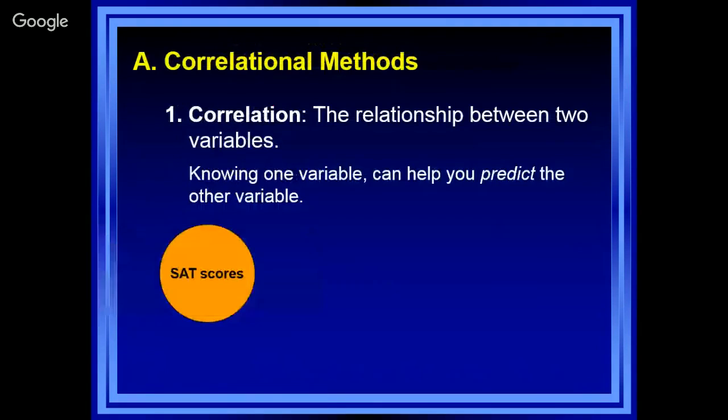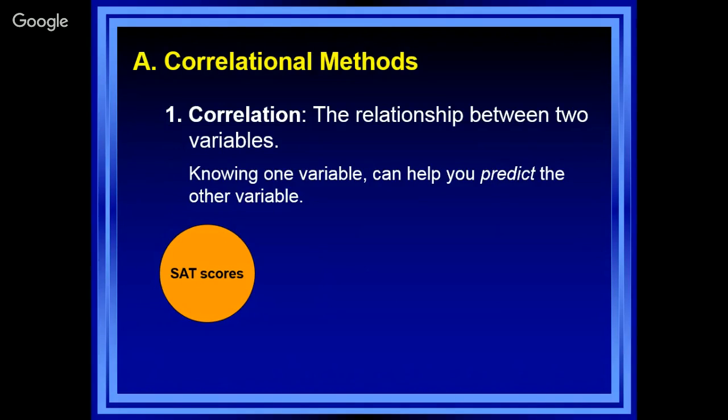So let's start with correlation methods and right into the definition of correlation. Just looking at the word, you already know what it means. Co means two or more, co, and relation. So it's the relationship between two or more variables, but we'll shorten it to say two variables.